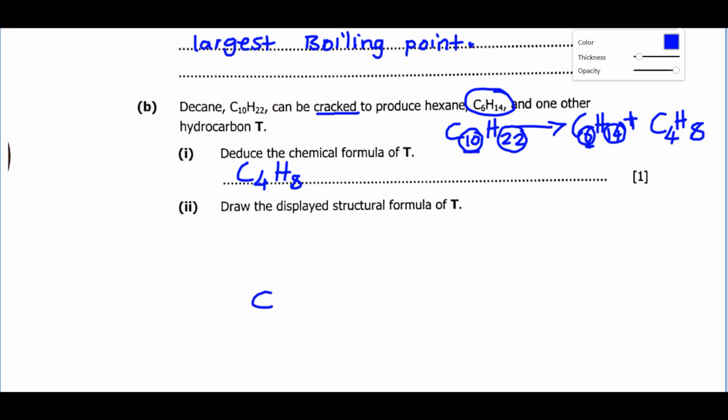Draw the displayed structure formula of T. So 1, 2, 3, 4. Now, we don't know the name, so we don't know if it is an alkane or an alkene. So how can we tell from the chemical formula that this is an alkane or an alkene? I'm going to give you some chemical formulas.